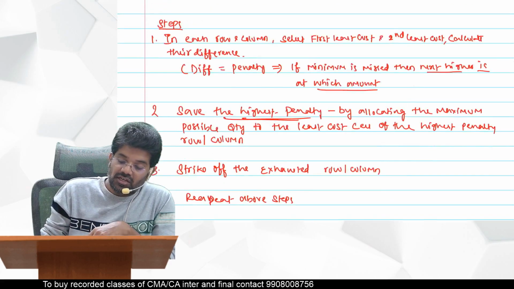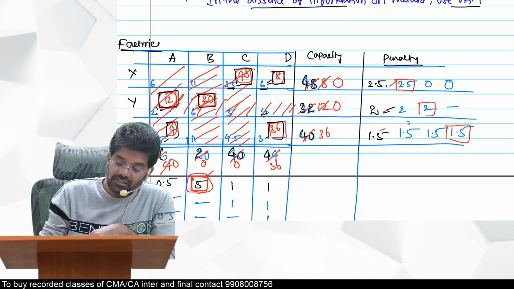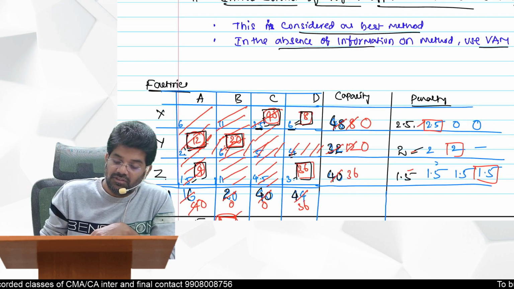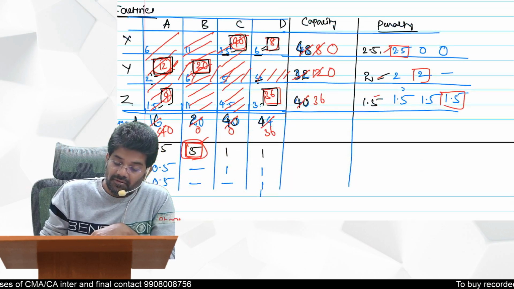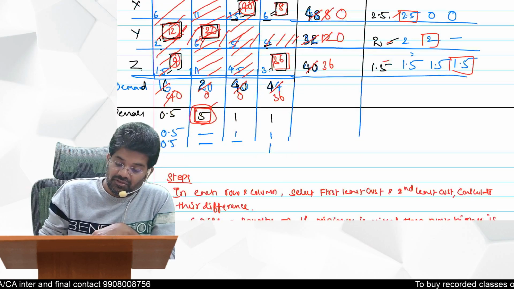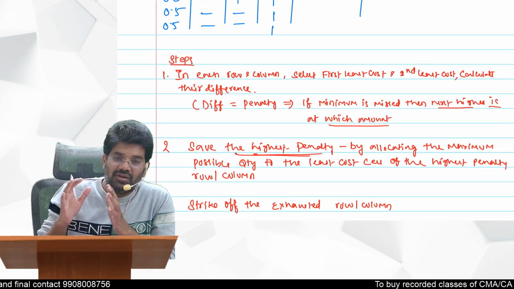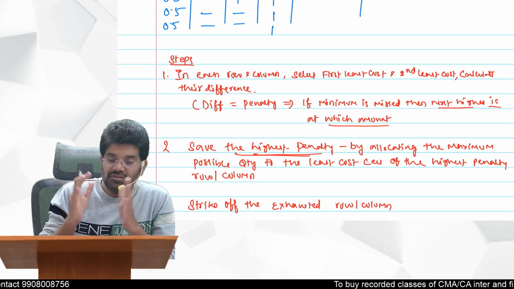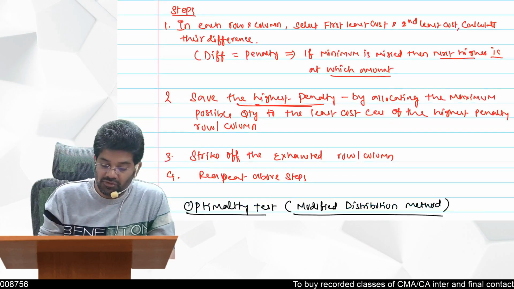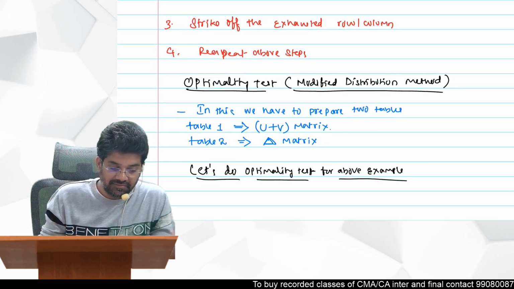These are the initial allocations according to our VAM method. Whether it will result in least cost or not is the test we are performing now. First we should prepare the U plus V matrix.